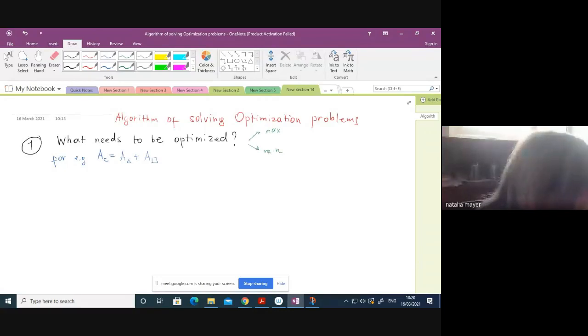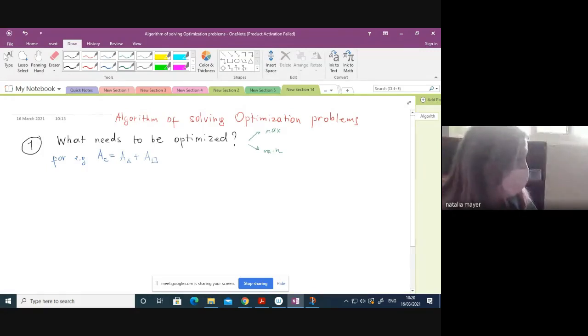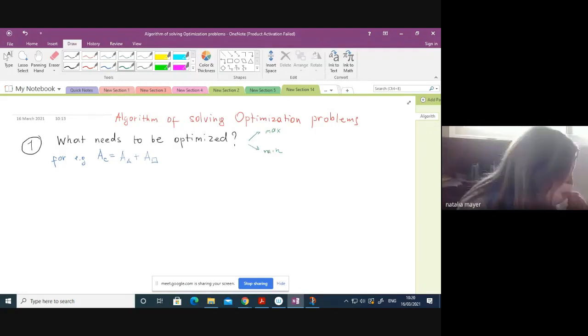Does this mean that we are looking for maximum or minimum? Minimum. Okay. For example, you are a farmer and you want to enclose the biggest piece of land. Then it will be maximum. So optimized sometimes means maximum, sometimes minimum.